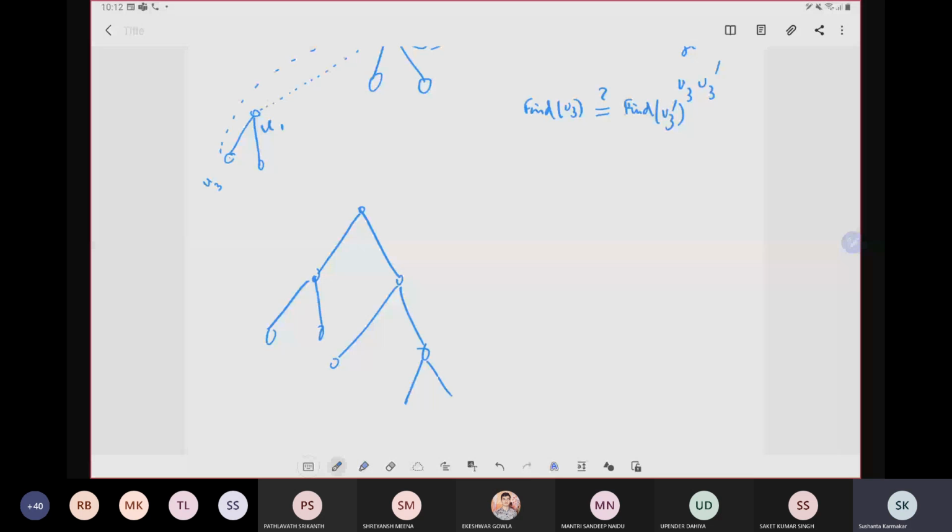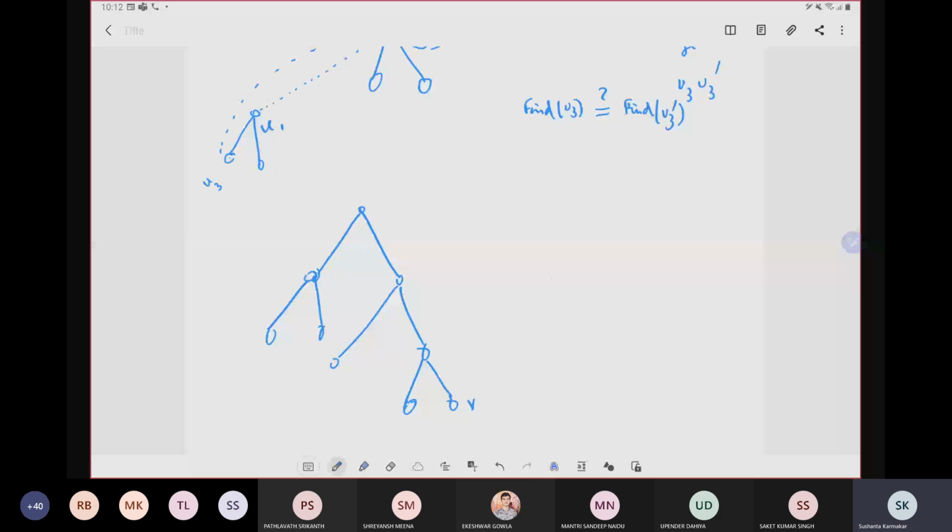Let's say this is the name of the component, and this is the data structure, the union find data structure tree. And let's say this is my V. And there is some other node U here. And I actually did the find U, find V.